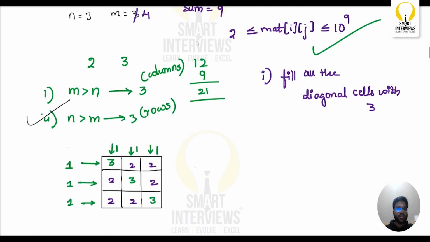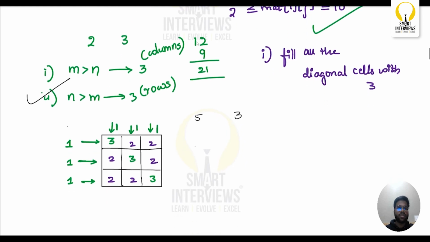Now we'll have, let's say, 5 rows and 3 columns. So the value of n is 5 now, the value of m is 3 now. That means we'll have 2 extra rows in the matrix. This is 1 row added and this is 1 row, and there will be 3 columns.